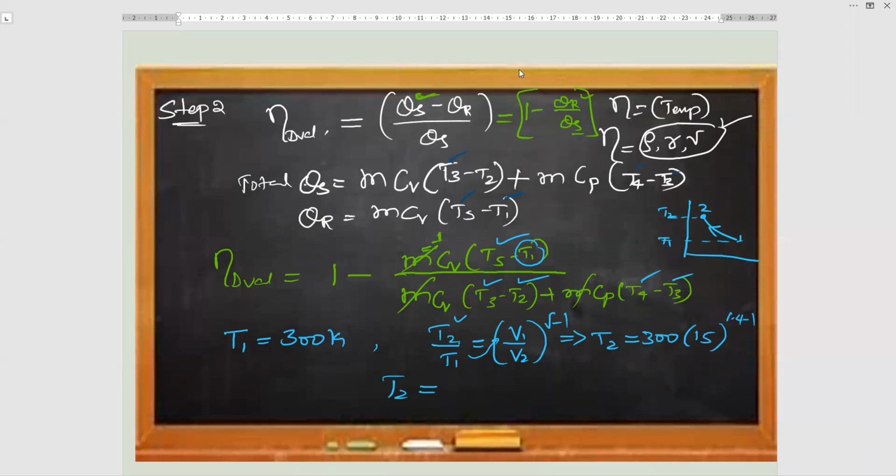How much will you get? Please unmute yourself and you can answer. Otherwise, I will write the formula. 886. This is what I got. Please cross check. 886.25 Kelvin. And keep in mind, once you calculate T2, T2 should be more than T1.